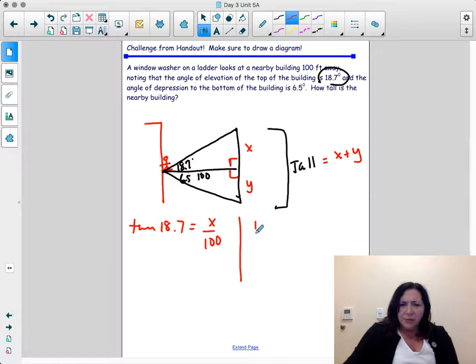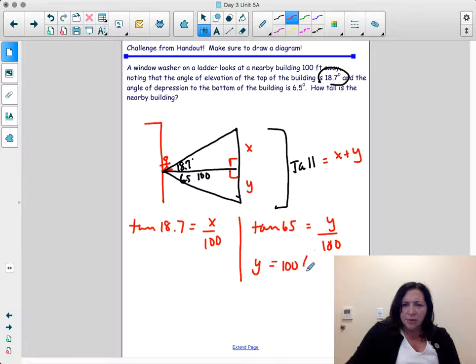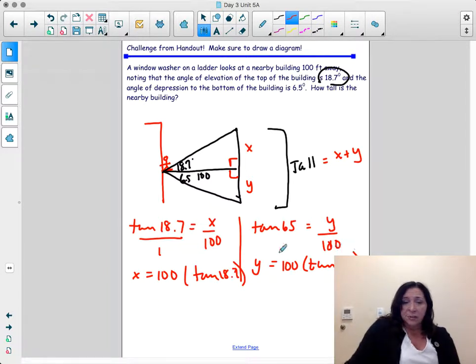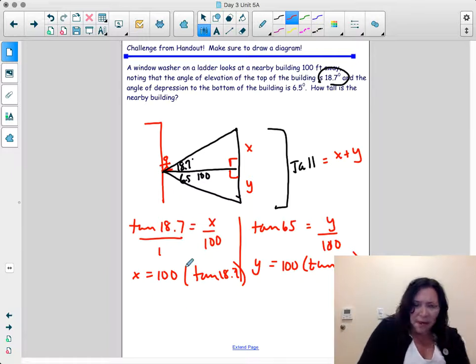And then we also said tangent of 65 is equal to opposite over adjacent, so y over 100. So you're going to cross multiply. So y is equal to 100 times tangent of 65. And for this one, cross multiply, we get x is equal to 100 times tangent of 18.7. And I just have to work that out and say what x is and add it to y.